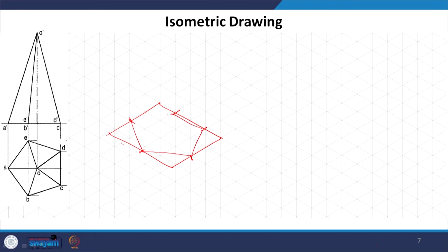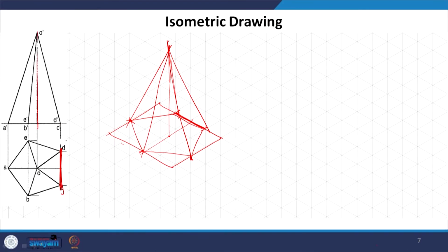So, this is the pentagon which is going to be arrived at first, and then we would know where this O is, take the height, join the points very conveniently, and you arrive at this pentagonal pyramid where this side is the isometric line, the only isometric line, and this axis which is joining this O dash to O in the bottom. So, these are the only two isometric lines which we have.